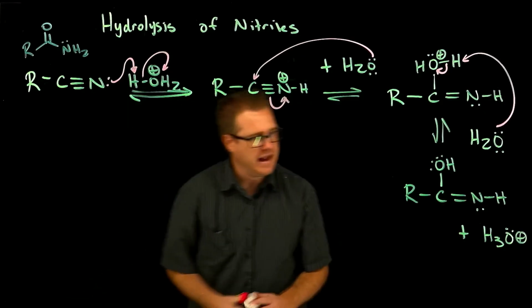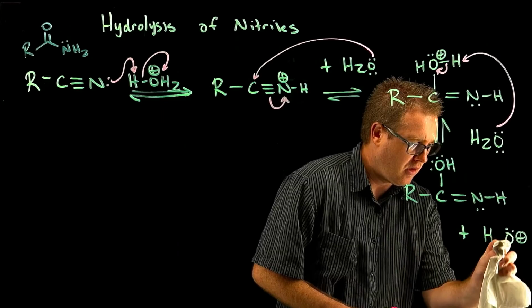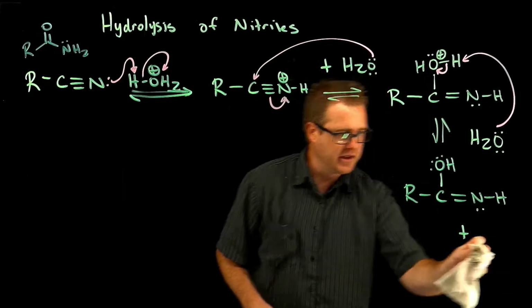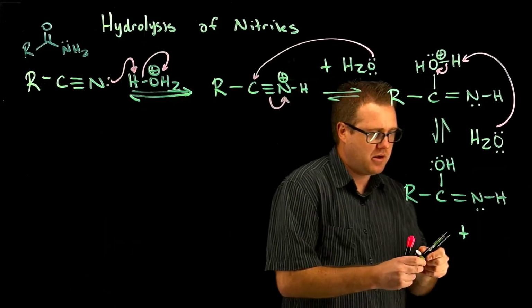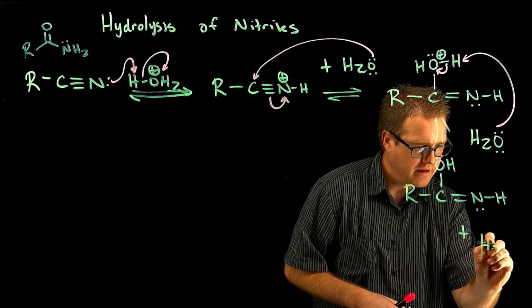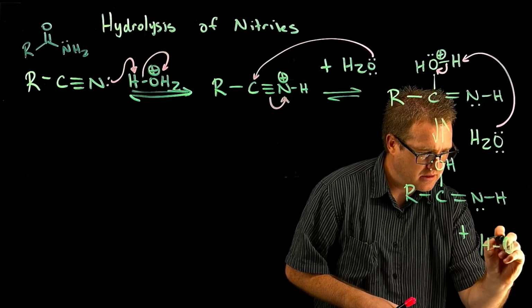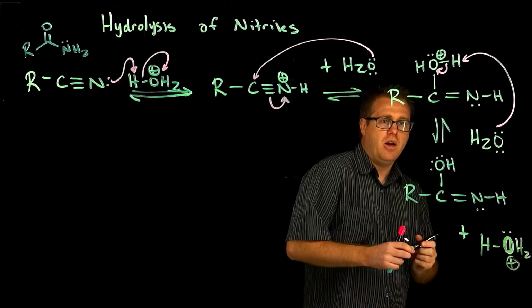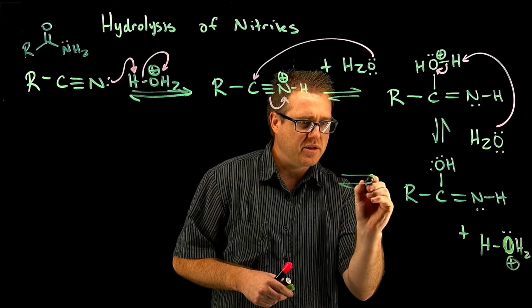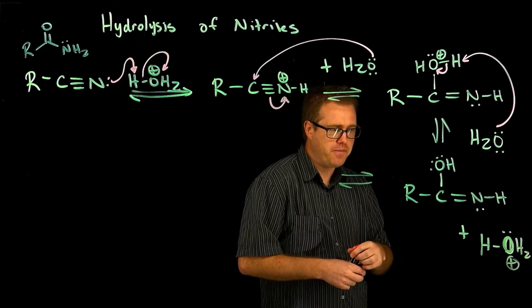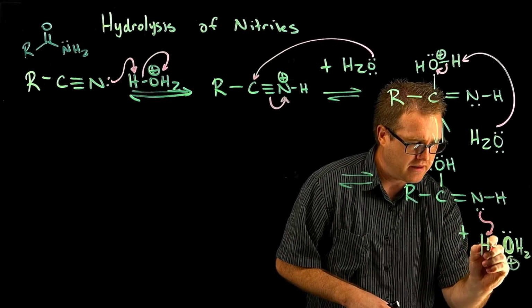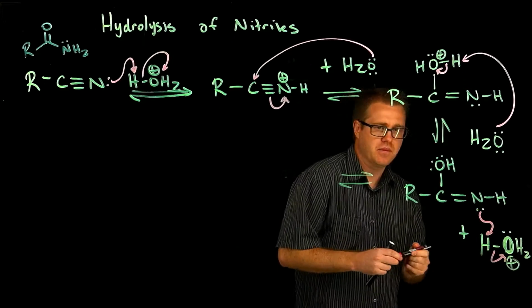So if we expand out this acid or this hydronium, just expand it out like this, oxygen H2, we could see another proton transfer step that could occur. We see the nitrogen come in with its lone pairs and abstract that proton.